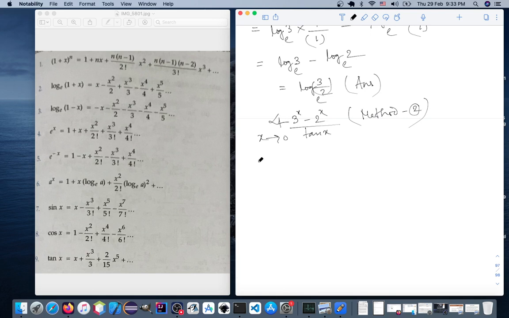What I was thinking, that if I take 2 to the power x common, from here what we get is 3 to the power x by 2 to the power x, and over here minus 1. If I take 2 to the power x common, I will get a minus 1, and over here I will get some constant to the power x, and this factor 2 to the power x will not cause any problem, because this 2 to the power x will eventually be 1 when x tending to 0.